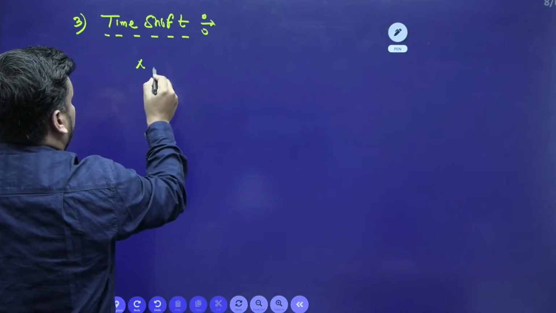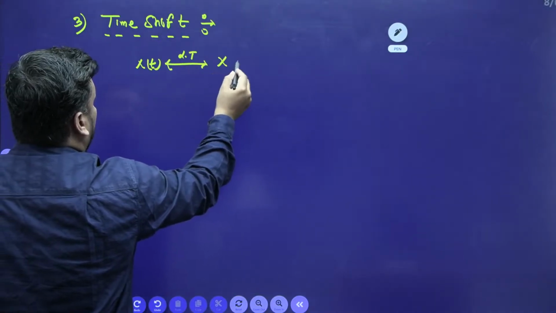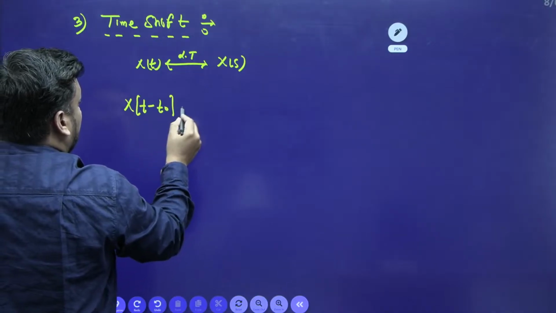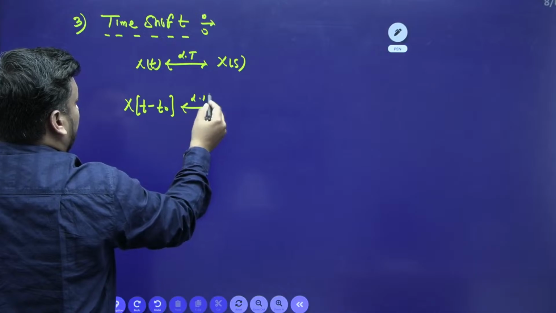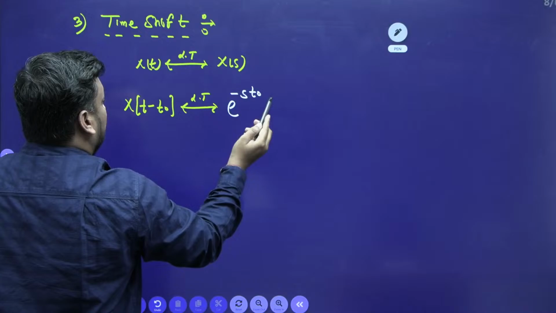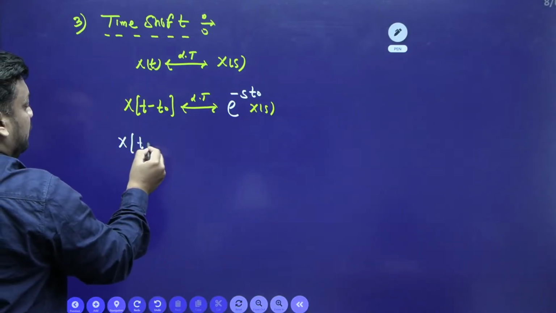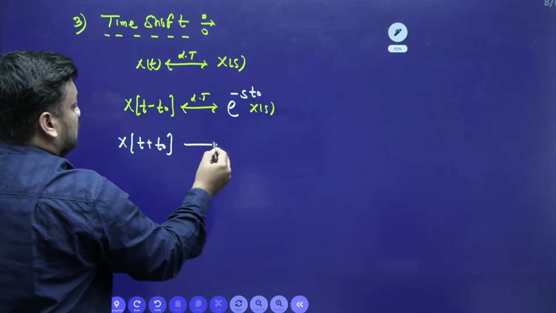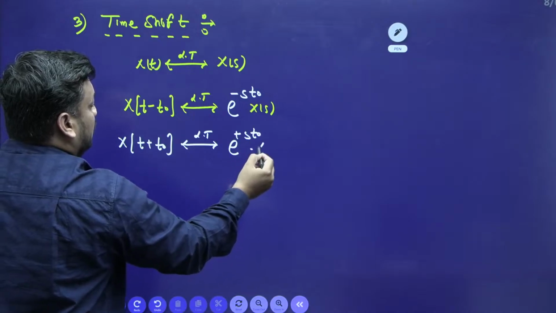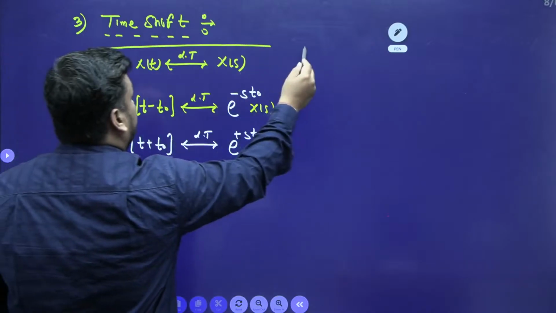If x(t) has the Laplace transform X(s), then x(t - t0) has the Laplace transform e^(-s t0) X(s). Similarly, x(t + t0) has the Laplace transform e^(+s t0) X(s). So like this you can relate with the time shifting property.